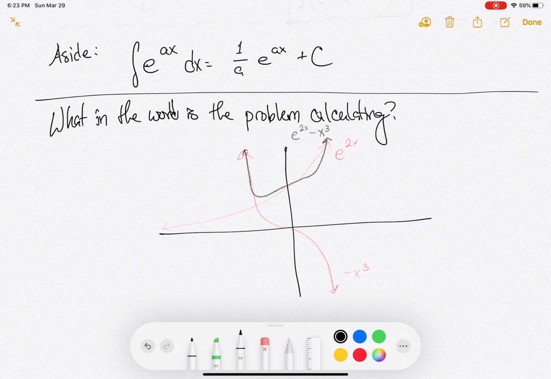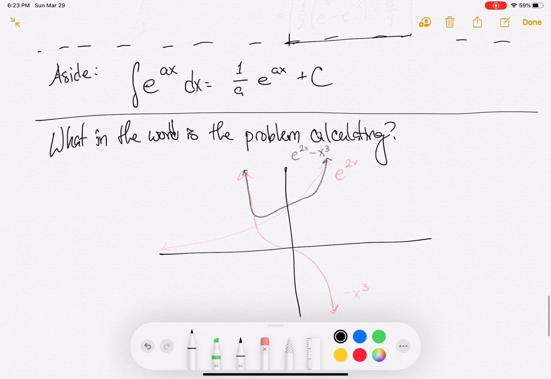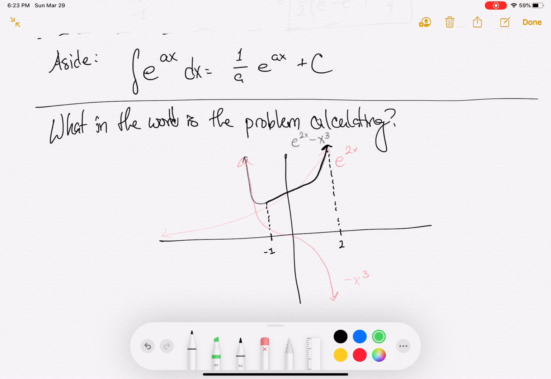So what's the area that we're calculating? The area is from x equals negative 1 to 2, so that would be something like here. Negative 1 and 2 would be like here. It's absolutely fascinating that we can find this area right here exactly using antiderivatives.